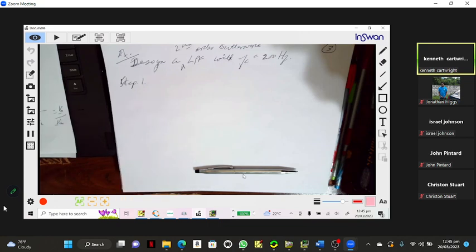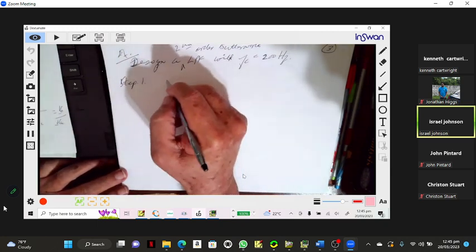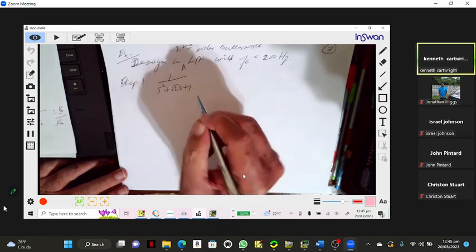Nobody knows what step 1 is? We can start off with the formula 1 over S squared plus the square root of 2 S plus 1. And what is this?